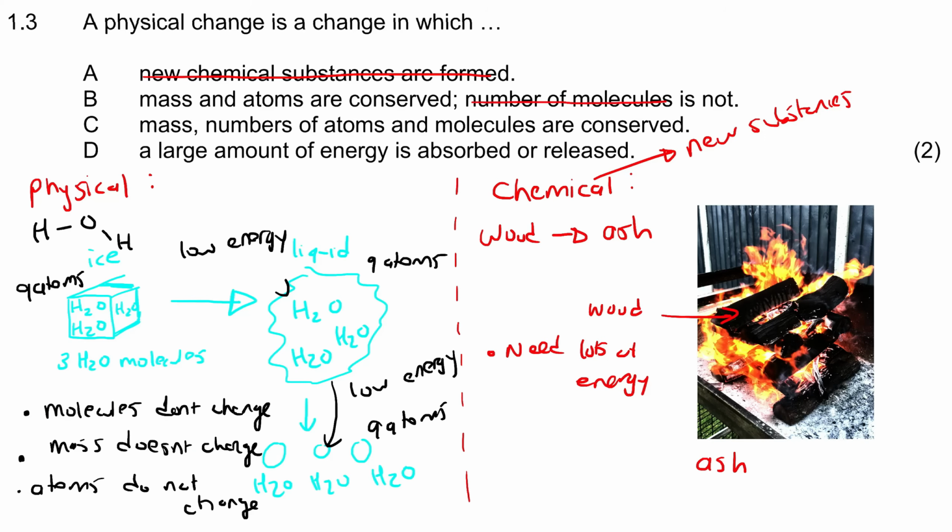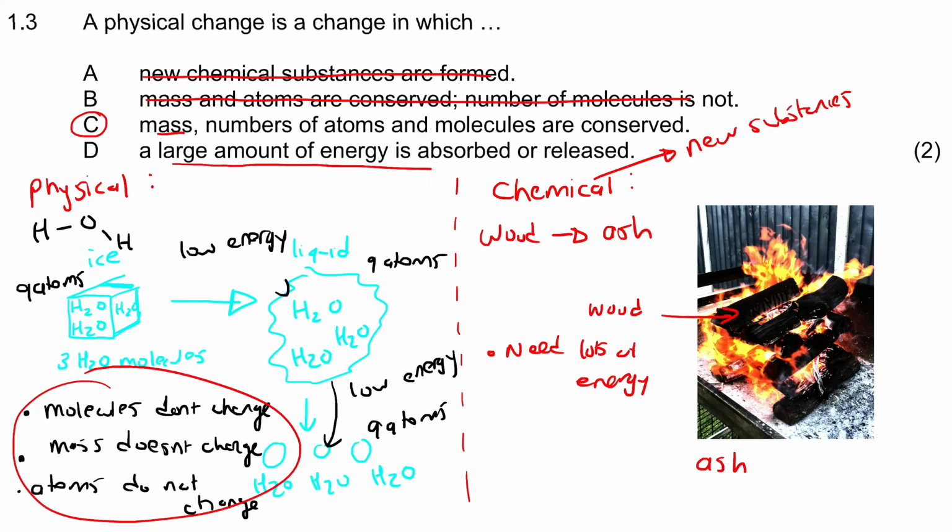But here they said the number of molecules is not, so it can't be that one. Mass, number of atoms, and molecules are conserved. Hey, that looks correct. That's what we said. All three of those. So that would be correct. And then let's just see why D won't work. It says that a large amount of energy is absorbed or released. Here we said that we don't really need much energy to be able to do these things.